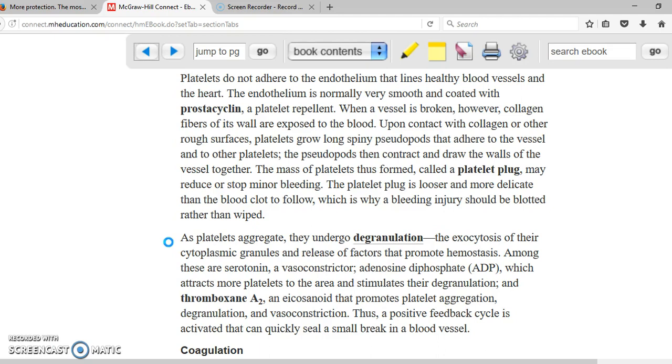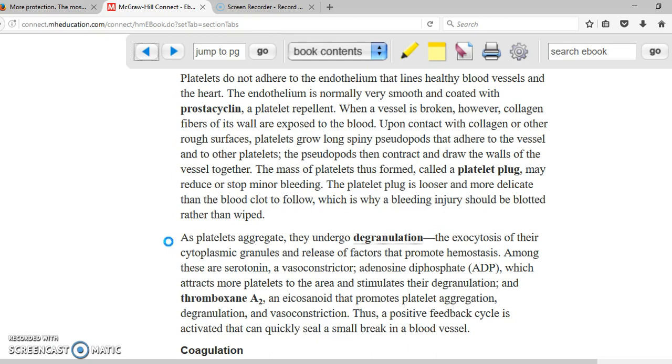Serotonin also will produce more vasoconstriction. It also has ADP. ADP will attract more platelets to the area that was damaged. And also thromboxane A2, which will promote the platelet aggregation, which is the attachment of more platelets to the initial set of platelets that were attached to the blood vessel.